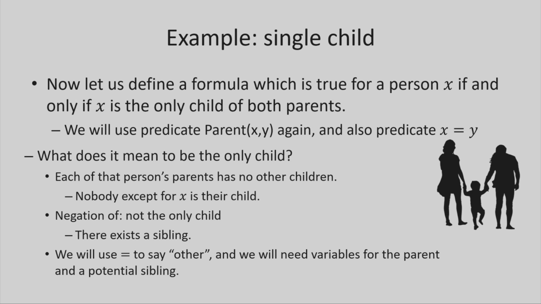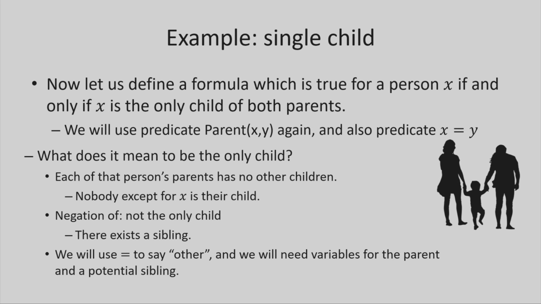All it's saying is there is another different child of the same parents. There exists a sibling. And here, for simplicity, a half-brother or half-sister is considered to be a sibling. So if this is a child of only one parent, that's fine too. So we will use, again, predicate parent to define what it means to be a sibling. And we will use equality, or rather its negation, to say that this is a different child.